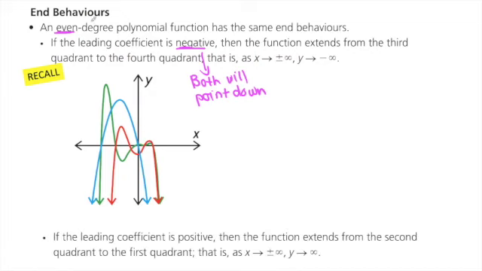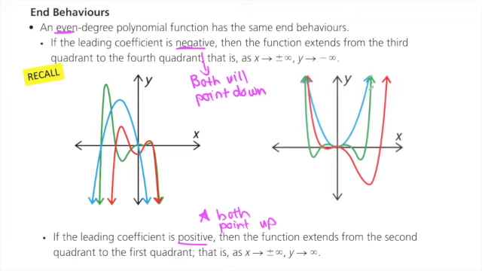And then if you have an even degree polynomial function with a positive leading coefficient, you're going to have both ends pointing up. So there are examples of those ones. Okay, so that shouldn't be new to you. That should be a review, but that is a great recap if you wanted to copy that out as a little note to help you with homework and studying.